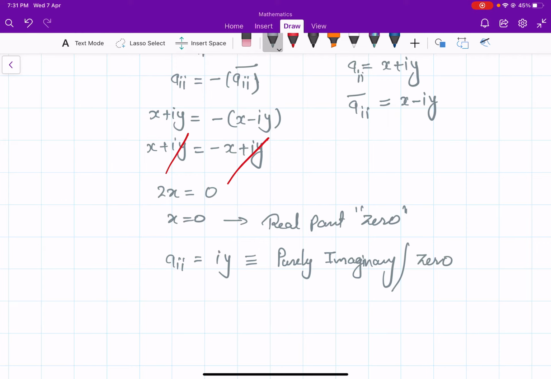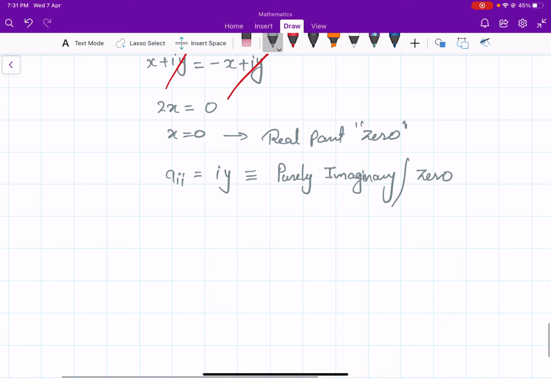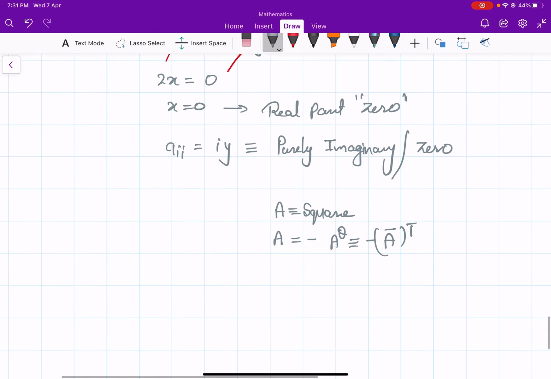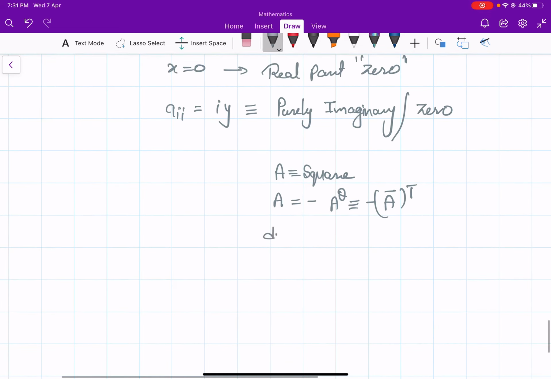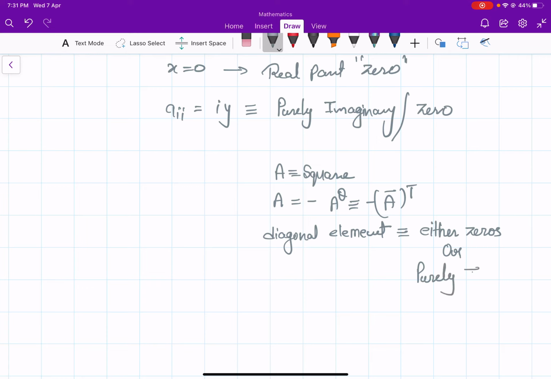So in case of skew Hermitian matrix, A will be square. Next one will be A is equals to minus of A theta, that is minus of conjugate of its transpose matrix, and the third one is diagonal element, which is equals to either zeros or purely imaginary.